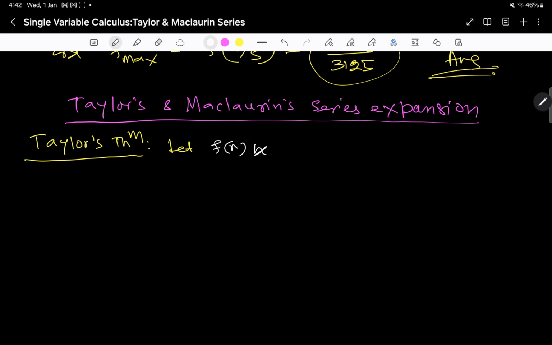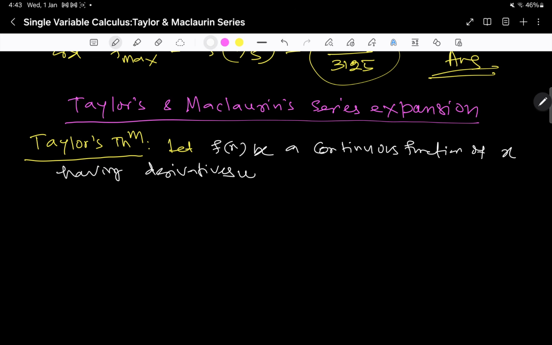f(x) be a continuous function of x having derivatives up to nth and higher orders.